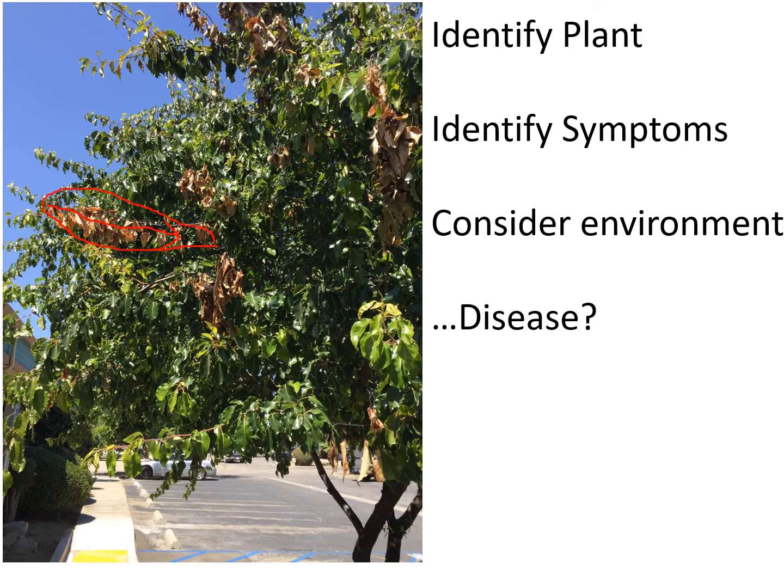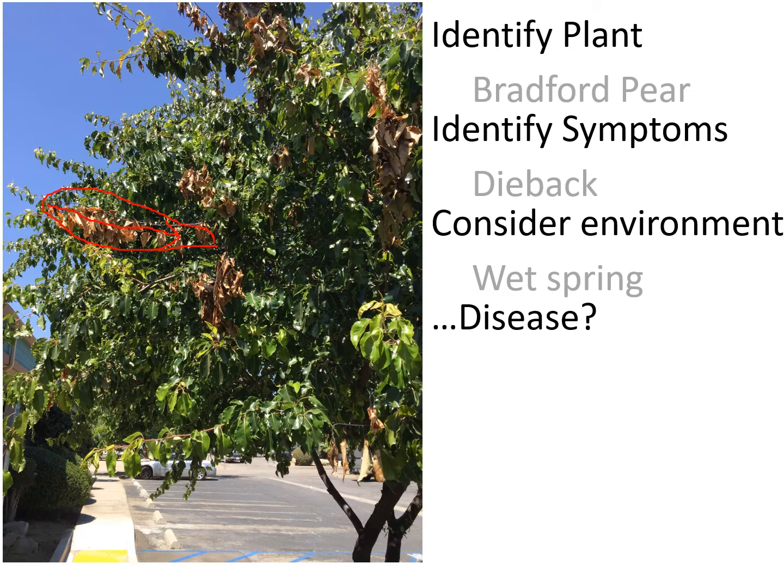When it flowers, the bacteria gets into the plant, and the mortality goes down the stem. This is called flagging when you have individual branches that are affected. Also, consider the environment. When does this happen, and in what years? When we have a wet spring, you get fire blight, and so that is just a commonality here.